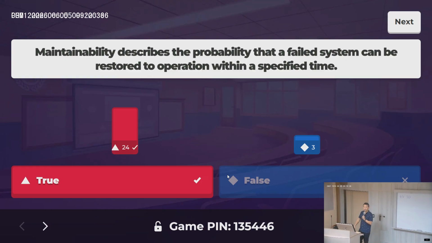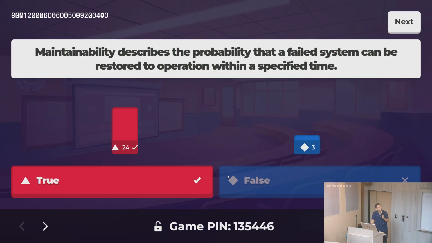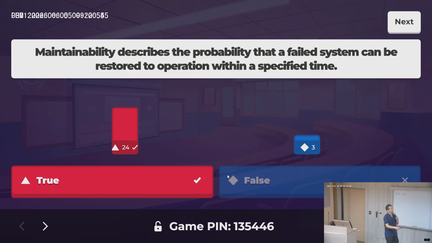And if I ask you in the final examination to give a formal definition of maintainability, you can write: the probability that a failed system can be restored to operation within a specified time. A very important part is that it is basically a probability.